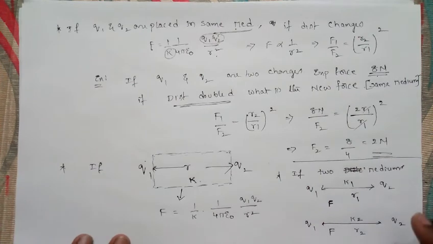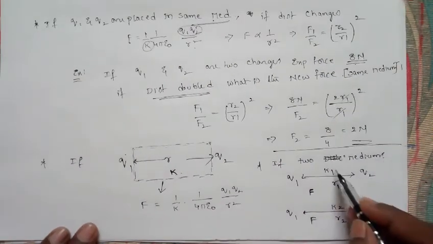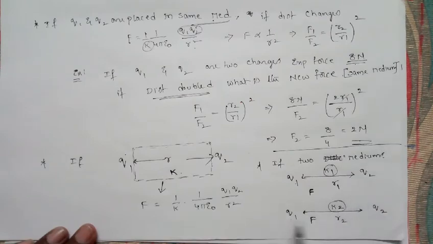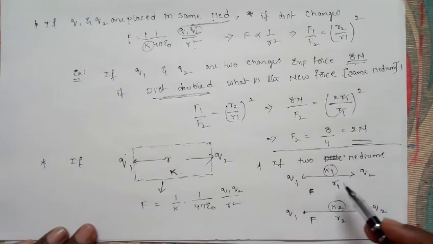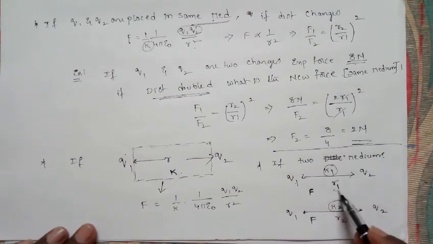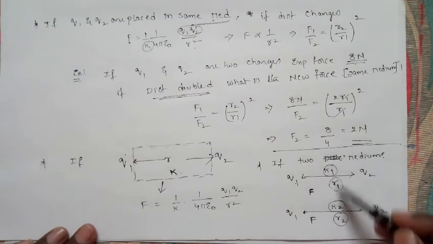So you understand clearly that there are two different mediums, K1 one medium, K2 another medium, dielectric constants, with charges Q1 and Q2 in both of them. Different mediums means the force changes. The force should not change, so what we have to change here is the distance. Then how can we relate these two?